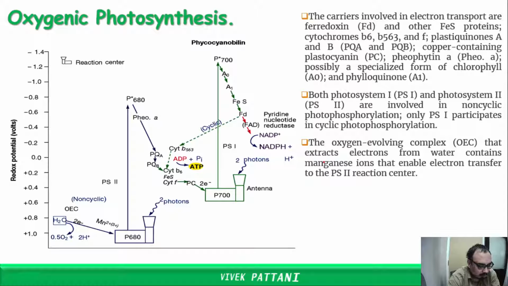The photochemical reaction center of system 1 contains chlorophyll A1, which is basically P700, which functions as a primary electron donor for the first photosynthetic reactions. And the chlorophyll A1 is activated by the light energy absorbed by the antenna of photosystem 1.